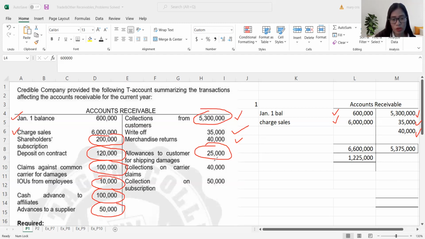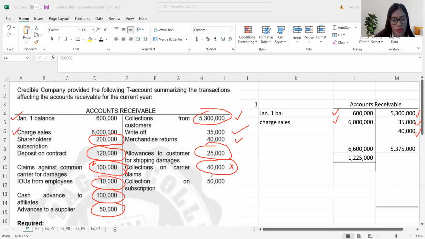Another is the collections on carrier claims. So this one, we can just offset this na because this is related to the 100,000 in the debit side. So itong 100,000 na to, ito yung original transaction, and then the claims should be reduced to 60,000 kasi meron na siyang collection of 40,000.